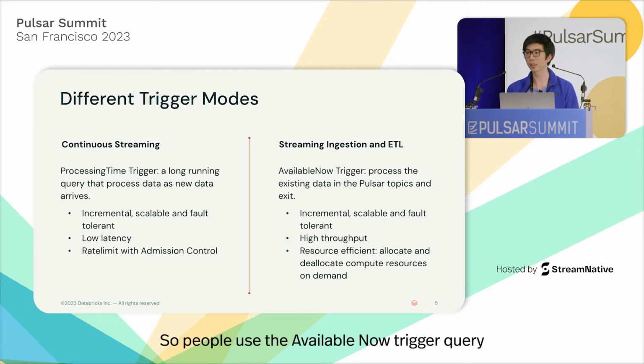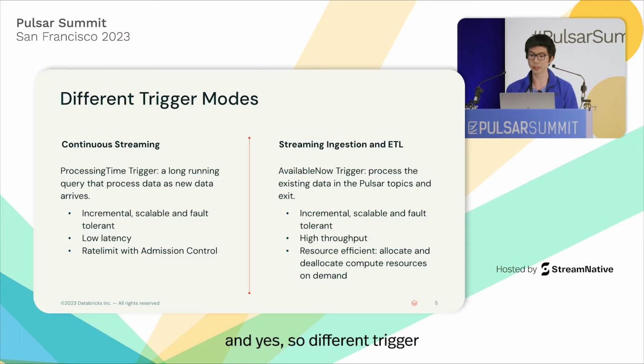People usually start an AvailableNow trigger query periodically, for example, weekly. Because it batches the data processing, it can achieve very high throughput, and it is also very resource efficient. When you are not running the query, you do not need to allocate compute resources at all. It's purely on demand. Especially with the enhanced autoscaling algorithm inside Databricks, it will allow you to save a lot of compute cost.